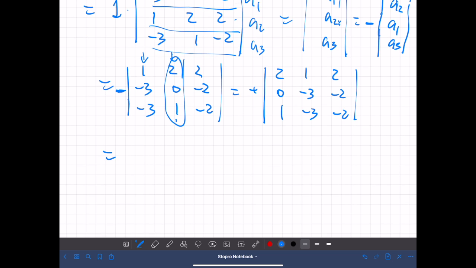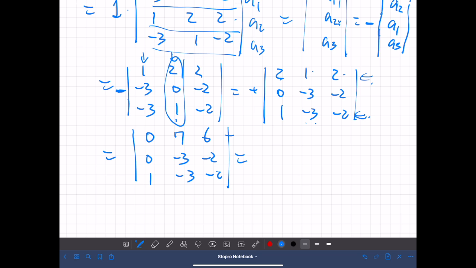And let's see. Let's subtract 2 times the third row from the first row. What do you get? So this one will be 0, and 2 times negative 3 is negative 6, so 1 minus negative 6 is 7, and 2 minus 2 times negative 2 is negative 4, positive 6, so we have 0, 7, 6, then negative 3, 2, and 1, 3, negative 2.